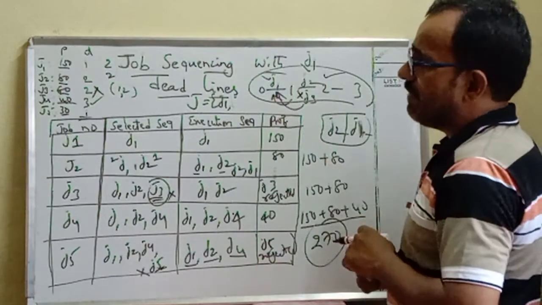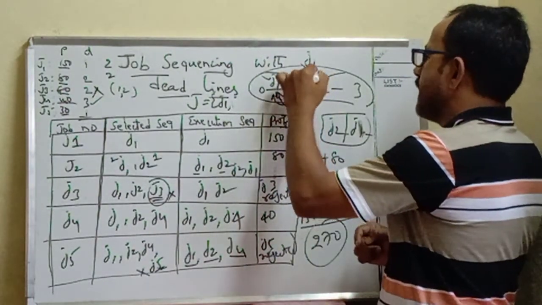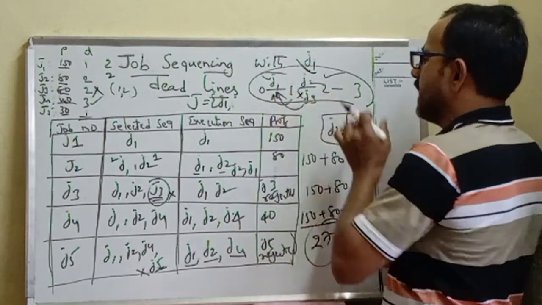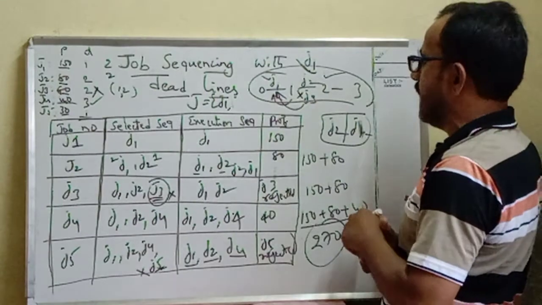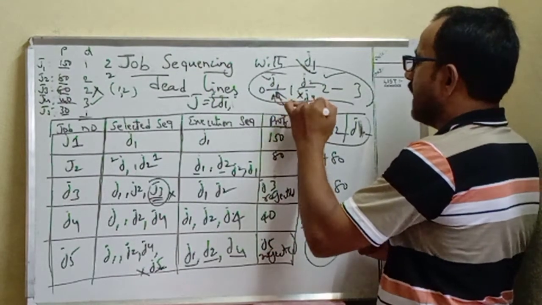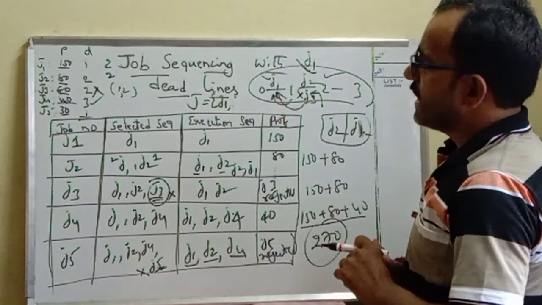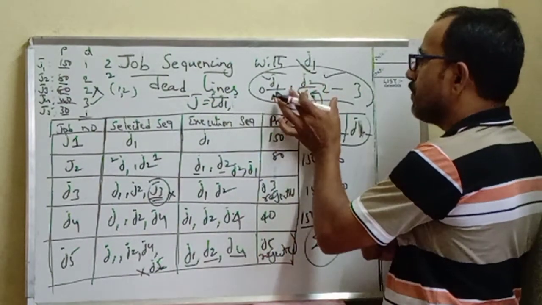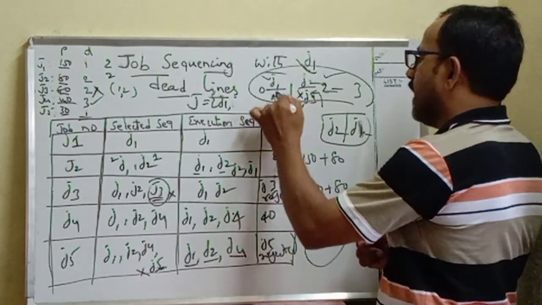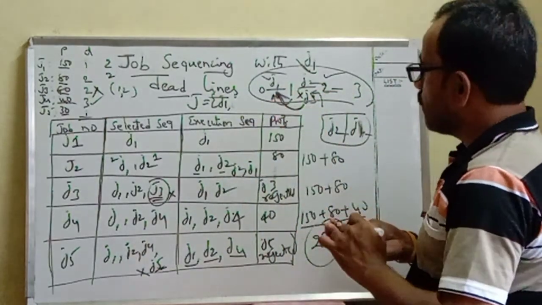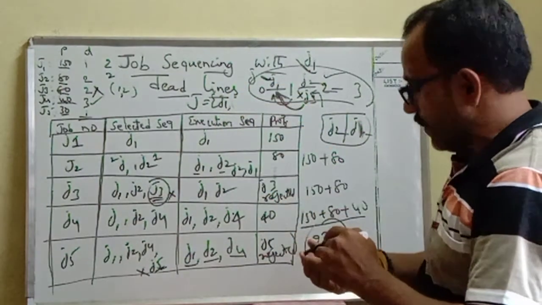But J1 appears first in the job sequence, so I execute J1 at the last time slot. J2 requires the same deadline, so I first verify whether the last time slot, 1 to 2, is possible, because the maximum deadline is 2 units only. Then I go back to the previous slot, and if it is free, I can execute J2 there. That is why I take an execution sequence here.